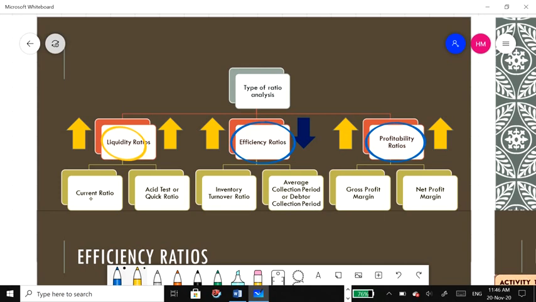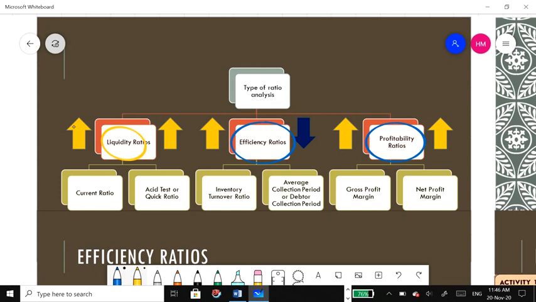You kena tahu formula current ratio, kena tahu formula acid test ratio. And then bila you dah pun calculate, maksudnya apa yang you calculate tu, you kena tahu. So I dah pun summarizekan dia, maksudnya tengok ni. Liquidity ratio, kalau untuk current ratio, the higher the current ratio, the better the performance of the company. Acid test ratio pun, the higher the acid test ratio, the better the performance of the company.